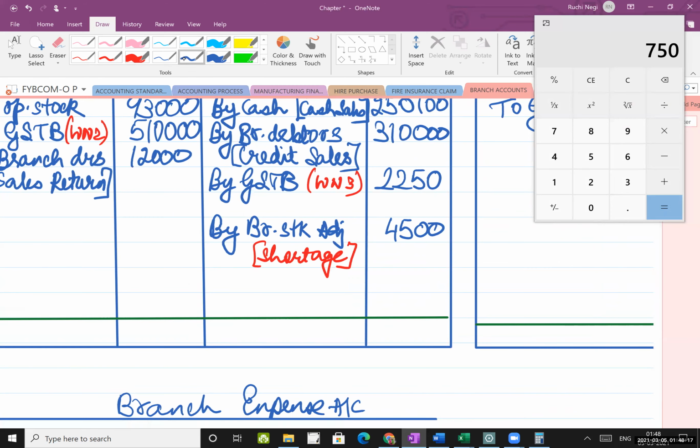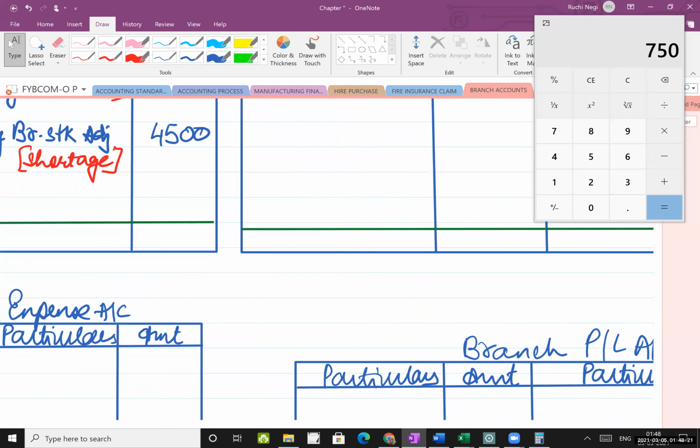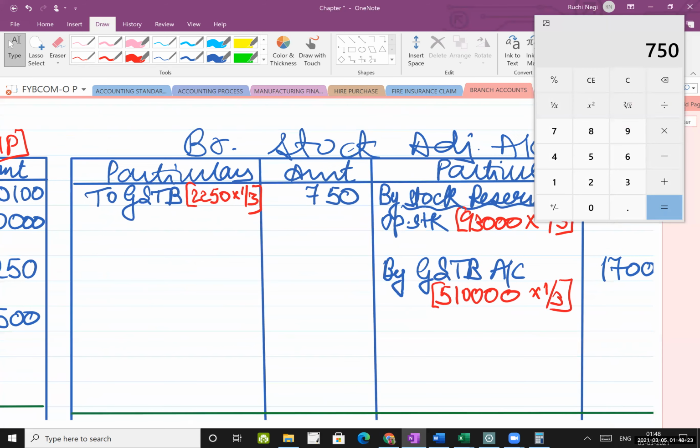Okay, its second effect, branch stock adjustment to here, to branch stock, 4,500. Fine, and don't forget to give its loading. Okay, for shortage also you are going to calculate the loading.